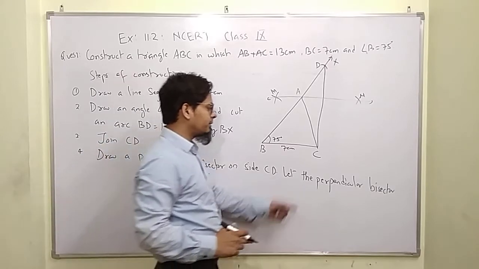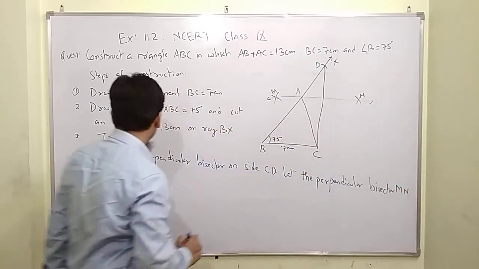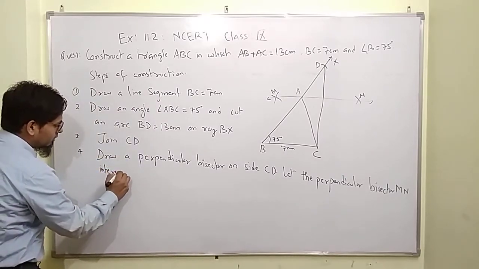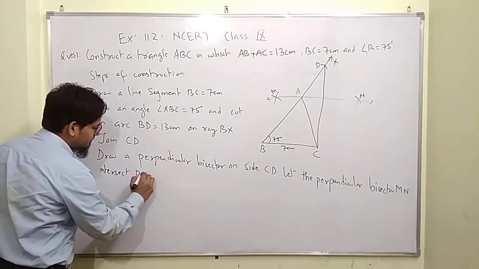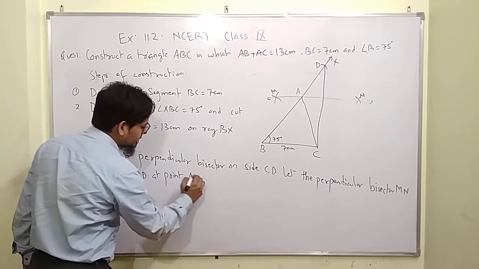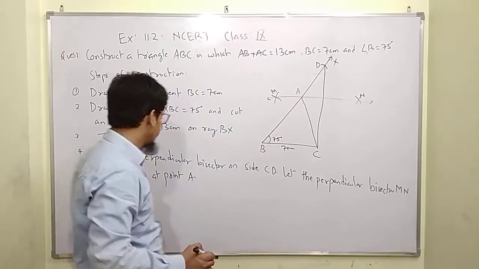So I write: let the perpendicular bisector MN intersect, or cut, BD at point A. If you write cut or intersect, both are the same thing.